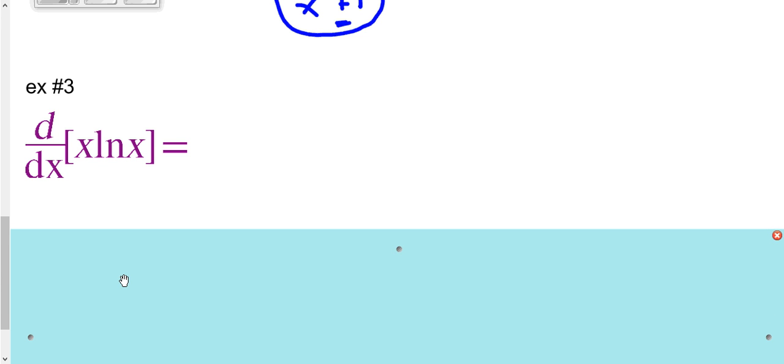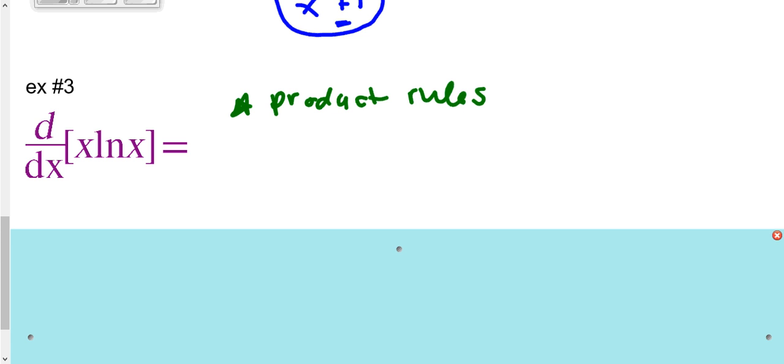Example number 3, let's go in order. So let's look at this one. We have the derivative of x times the ln of x. Well, bringing back the oldies, the goodies, this is going to be product rule. We're going to get to a point now in this class where we are reviewing things that we've done before. Basically, we're just redoing everything we've done before, just with different functions.